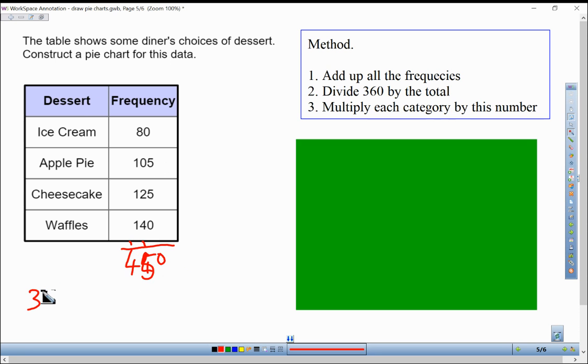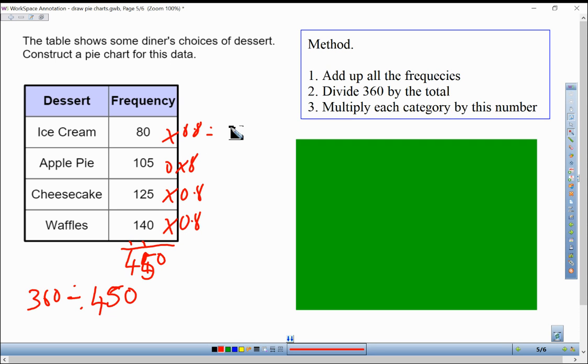So we take 360, our number of degrees in a pie chart, and we divide it by the total number of frequencies. Now this happens to be bigger than 360, that's okay. You always take 360 and divide it by the total number of frequencies. So it's 360 divided by 450 in this case. This is 0.8. So everything here is multiplied by 0.8.